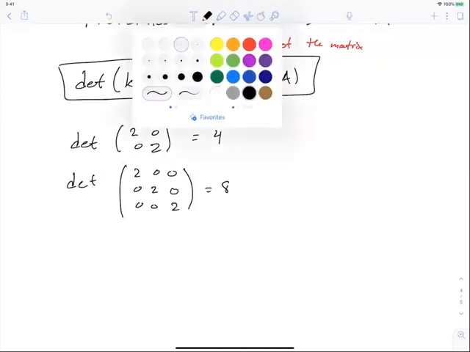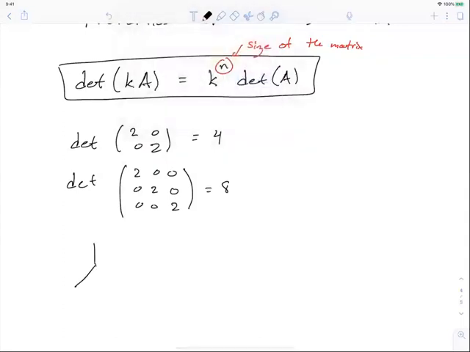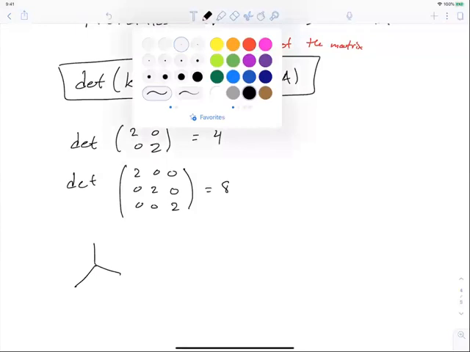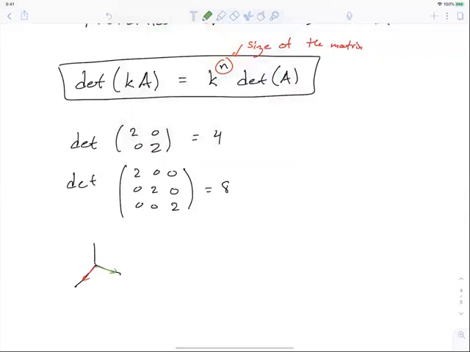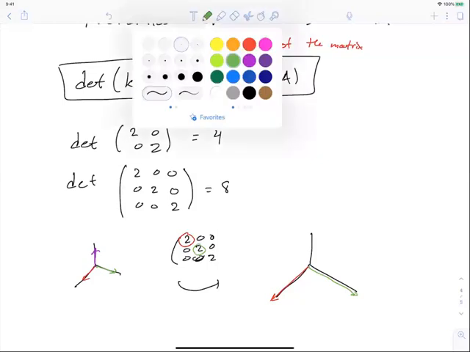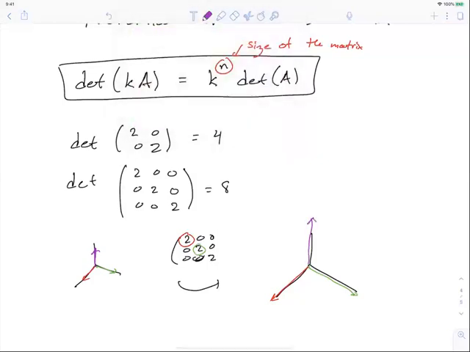So recall that in the 3D case, when you apply the matrix with 2, 2, 2 on the diagonal, this is going to stretch it in each of the principal directions by a factor of 2. So it's going to stretch it by a factor of 2 in the x direction, a factor of 2 in the y direction, and a factor of 2 in the z direction.